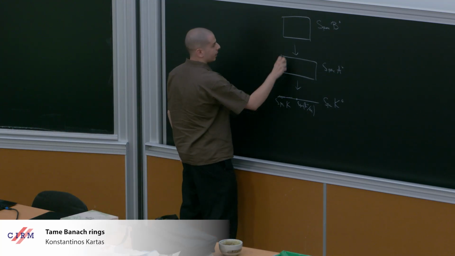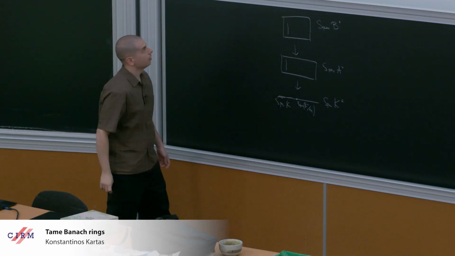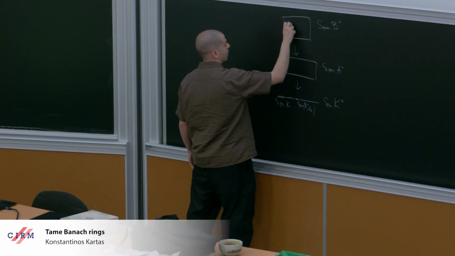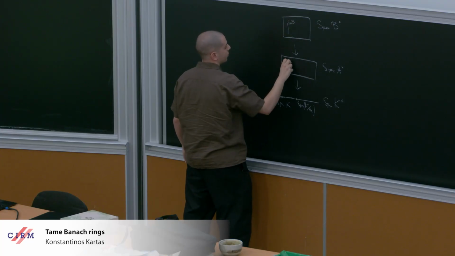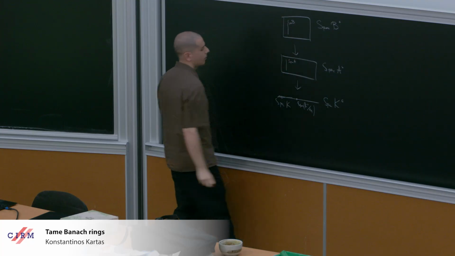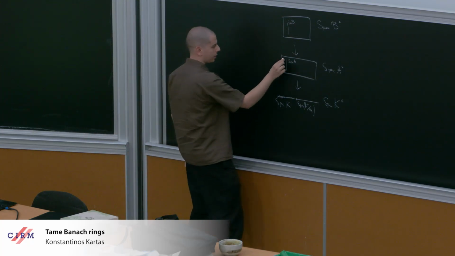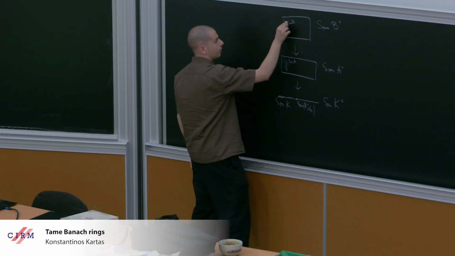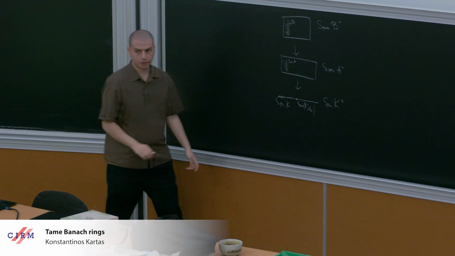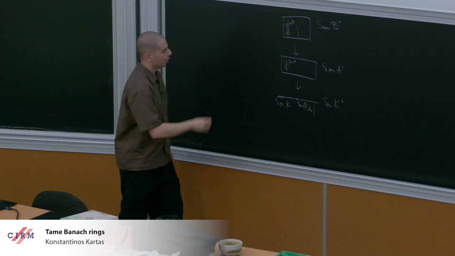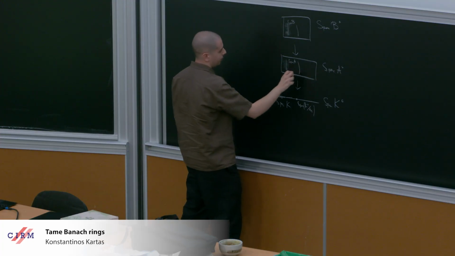And essentially the assumption that we have here is on the generic level, so we have spec of B here, which maps to spec of A. And we're assuming that there's no ramification here. So if you want, this is some generic information.